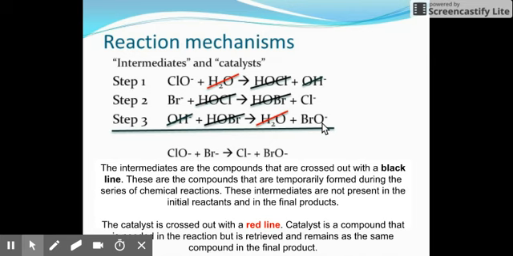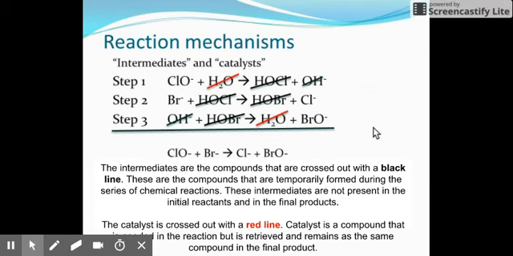You've noticed that some substances are repeated, and if they're repeated and found on opposite sides of the arrow, if one is on the left and the same compound is found on the right, then you can cancel them. The compounds are already canceled here, but they have different color codes.